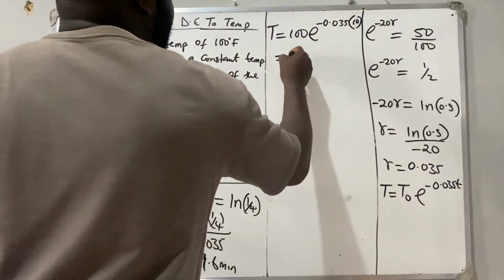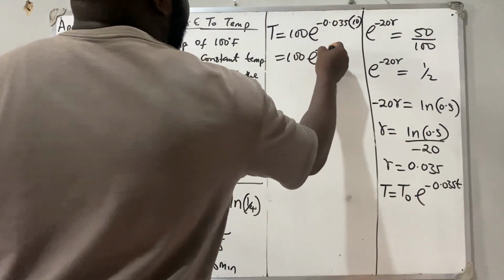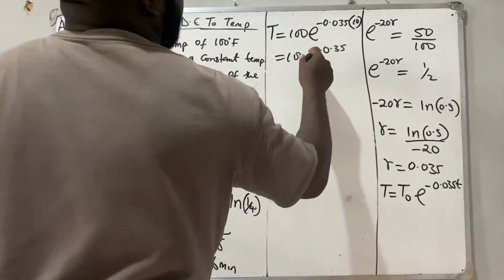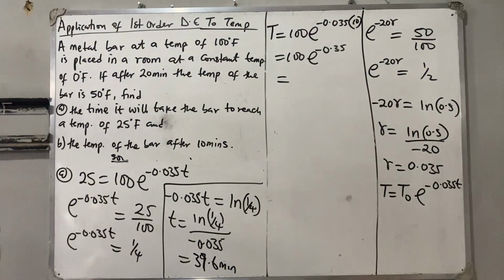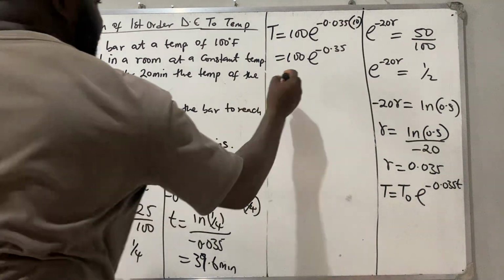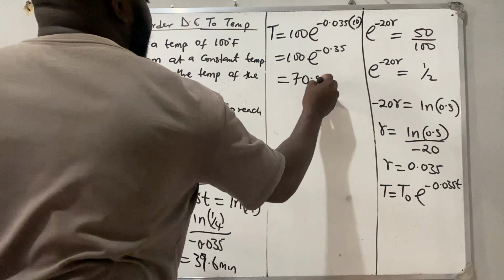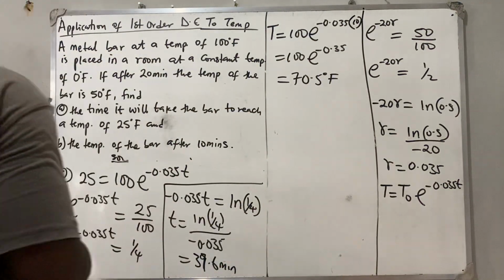So I'm going to have that this is 100 exponential minus 0.35. Yeah, 0.35. So if you do that, you're going to see that the temperature will now be 70.5 degrees Fahrenheit. As simple as that.